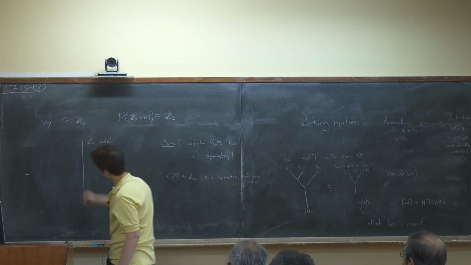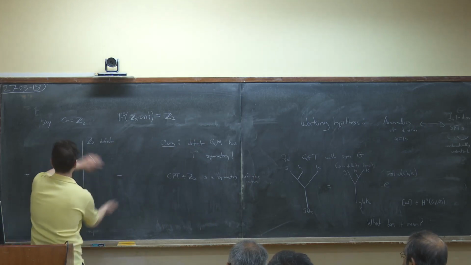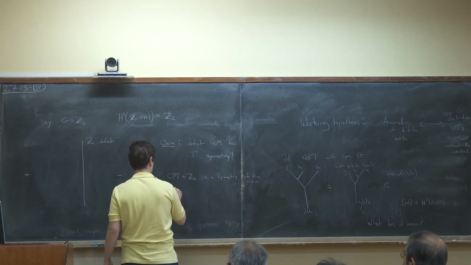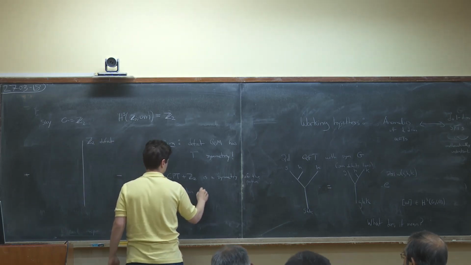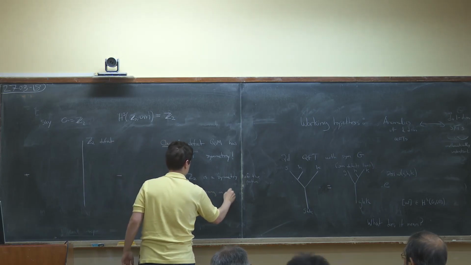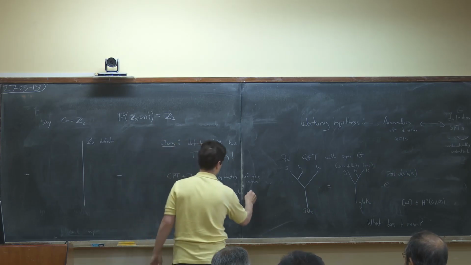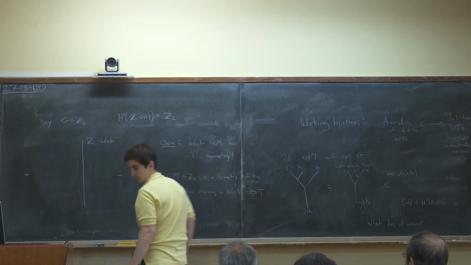But it acts in an orientation reversing fashion on the defect because it rotates one of the transverse directions. Thus, we can think of this operation as a T-symmetry on the defect.